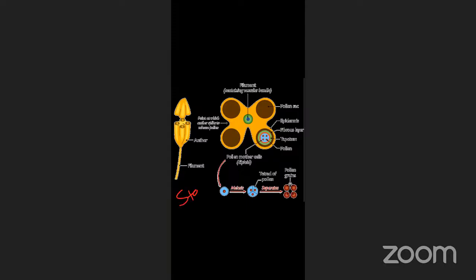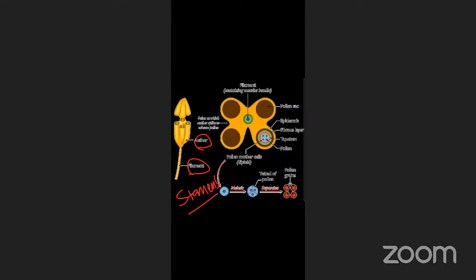Already we discussed earlier stamens. The stamens, the part of the flower. So in flower, we take the stamens. If we take the stamens, there are 2 parts clearly, filament and anther.